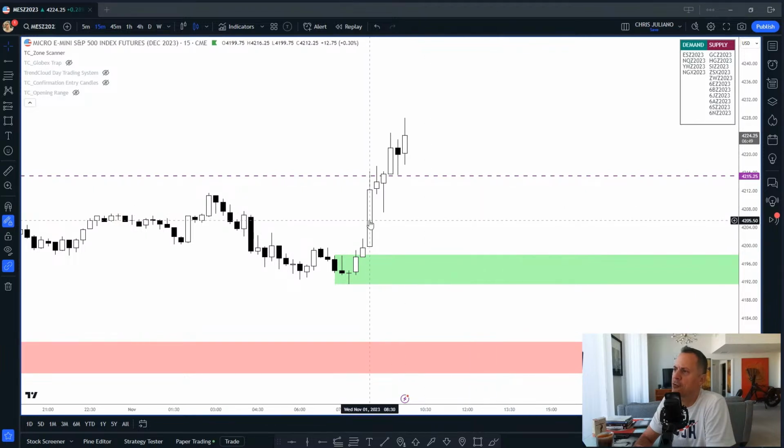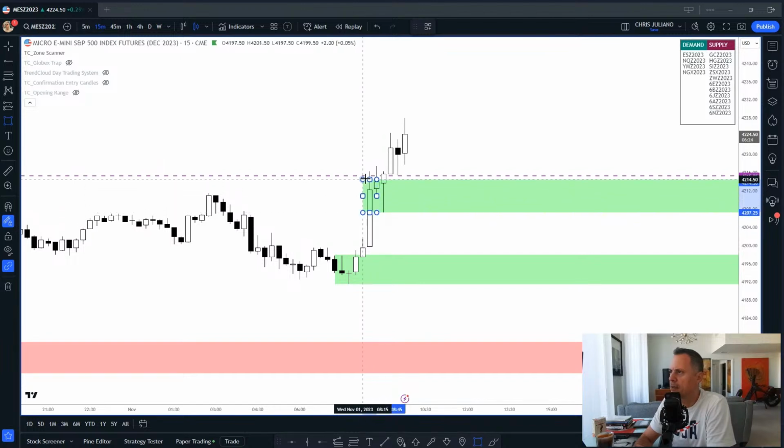In fact, this whole thing is a rally base rally. Leg in, basing candle, rally. Why are these basing candles? Because they're located inside the full range of the leg in candle.